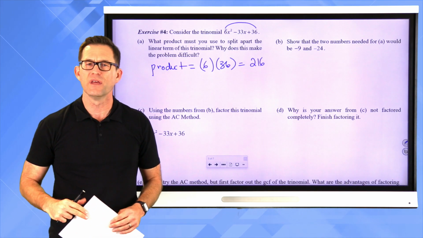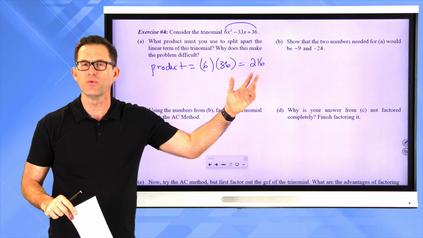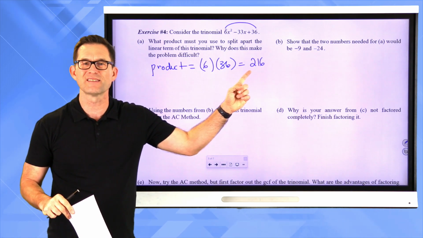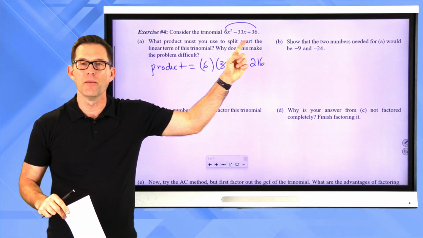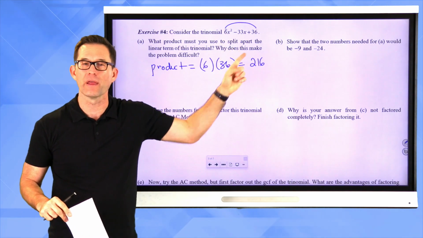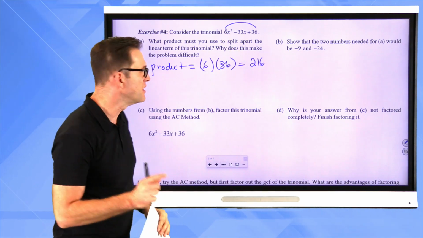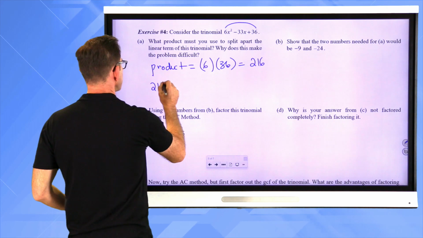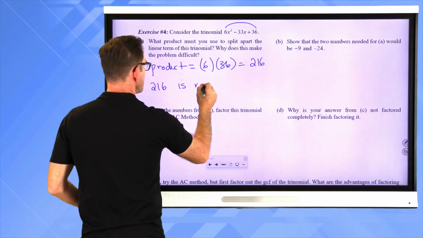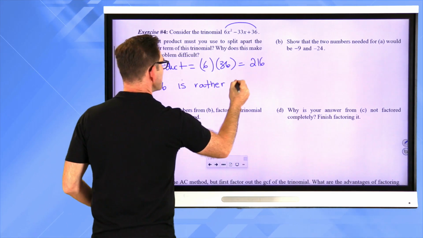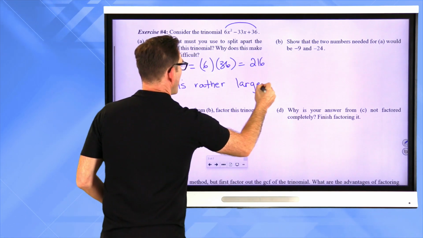Now I would have to find two numbers that have a product of 216 and a sum of negative 33. The reason that's going to be difficult is that 216 is rather large.